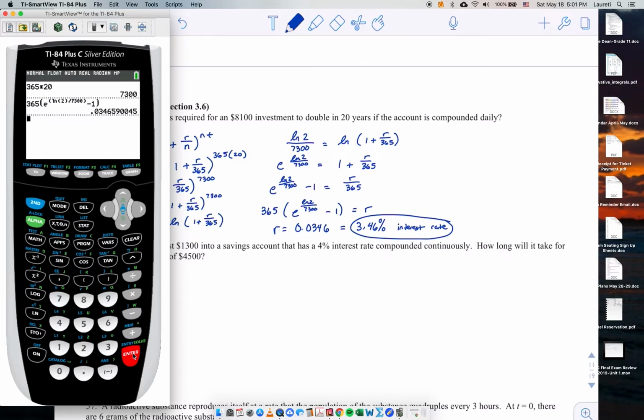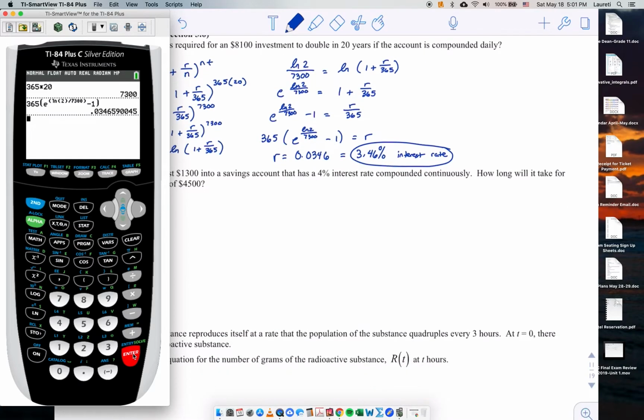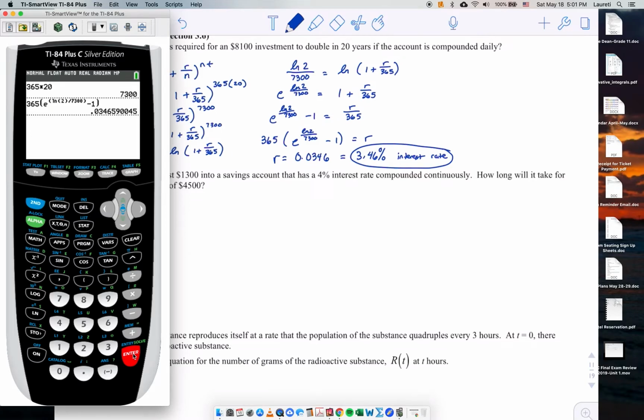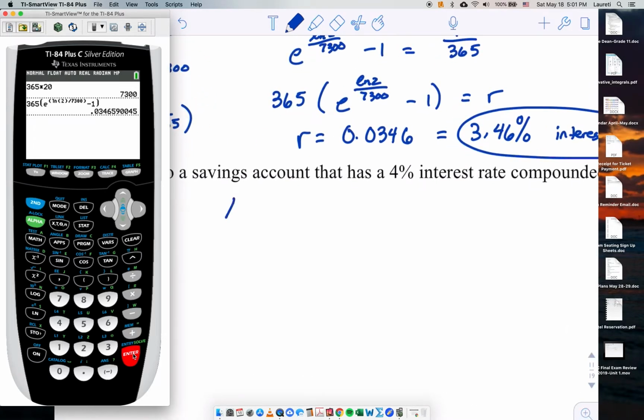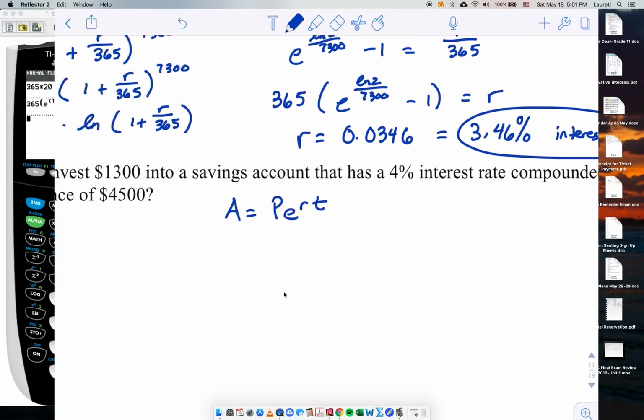Okay, next one. John wants to invest $1,300 into a savings account that has a 4% interest rate compounded continuously. How long will it take for John to have a balance of $4,500? Okay, so this is the other equation, compounded continuously, and again, I'm going to give that to you on the test.